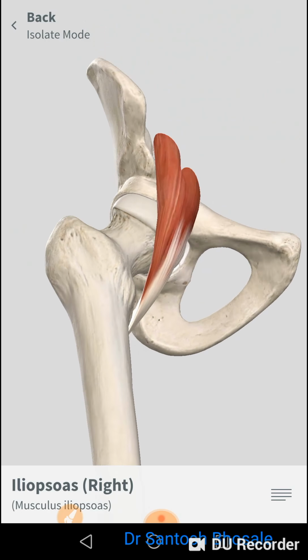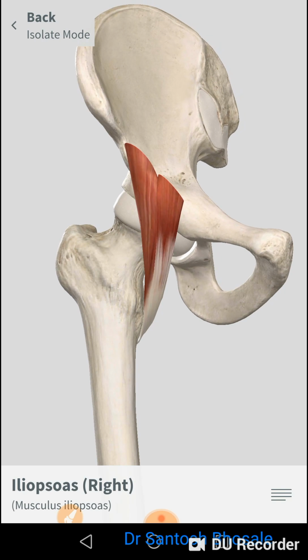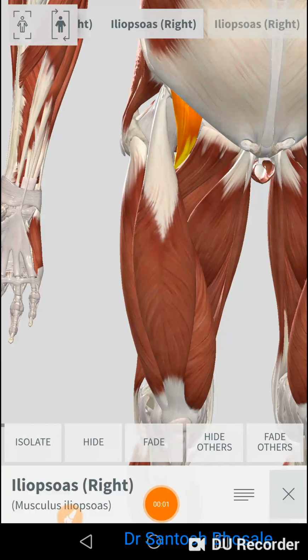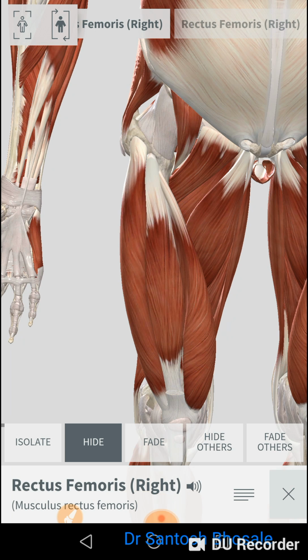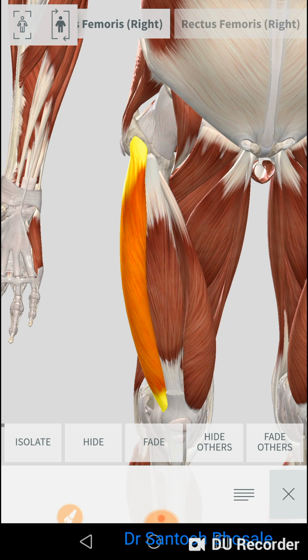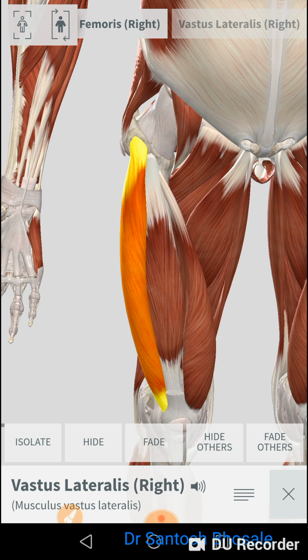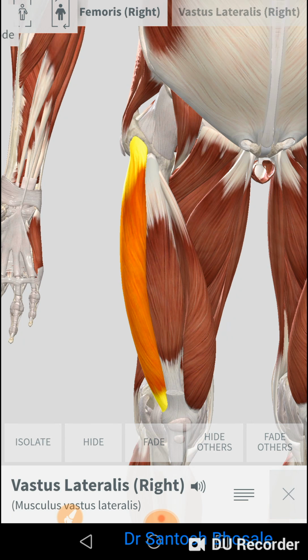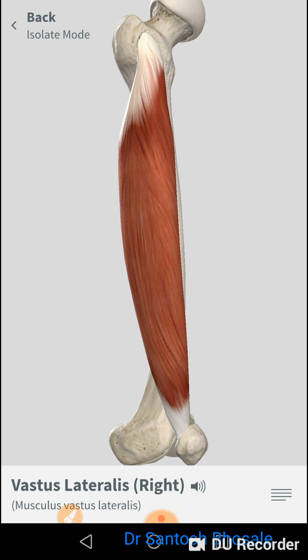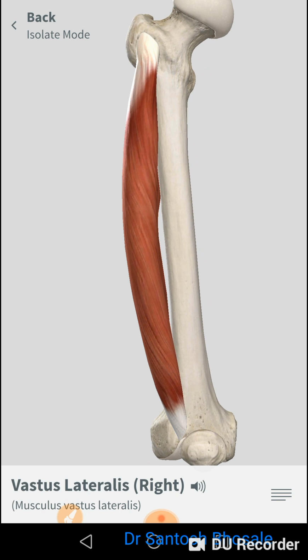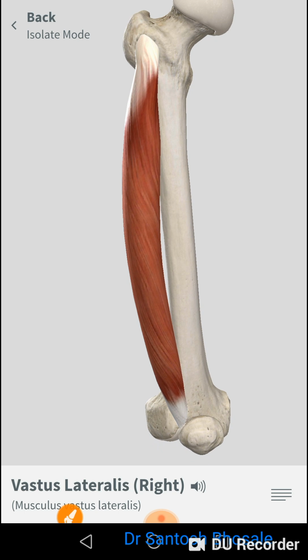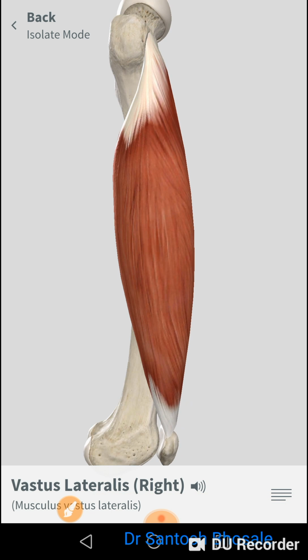So iliopsoas is attached to the lesser trochanter, and if you take out this rectus femoris here, you can see the vastus lateralis taking origin from the upper part of the intertrochanteric line. You can see the upper part of the intertrochanteric line is here, then also the anterior surface and lateral part of the greater trochanter you can see here.